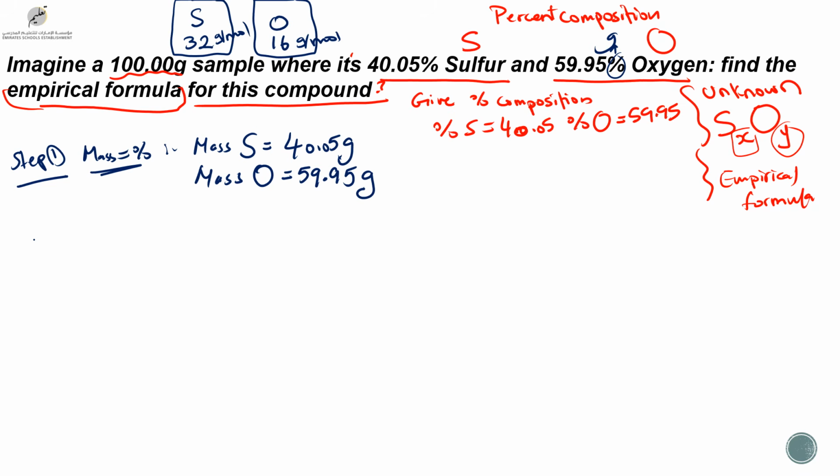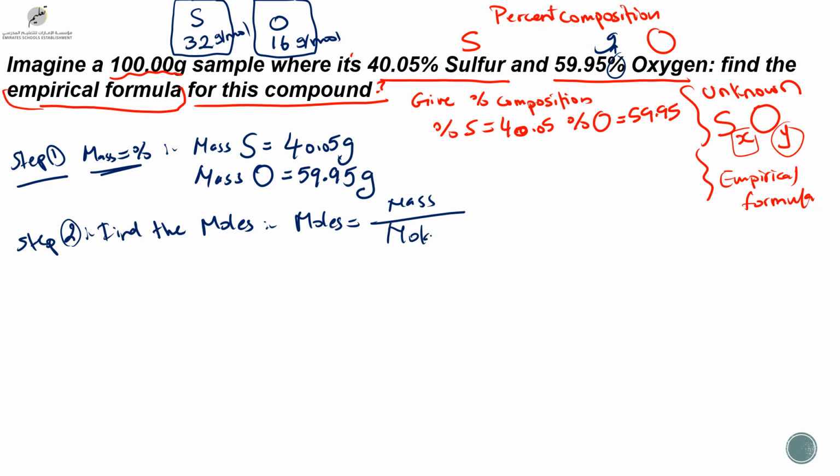From the periodic table. So step number 2, if you remember, step 2, find the moles. Okay, moles equals mass over molar mass. So moles of S equals, what's the mass of S?